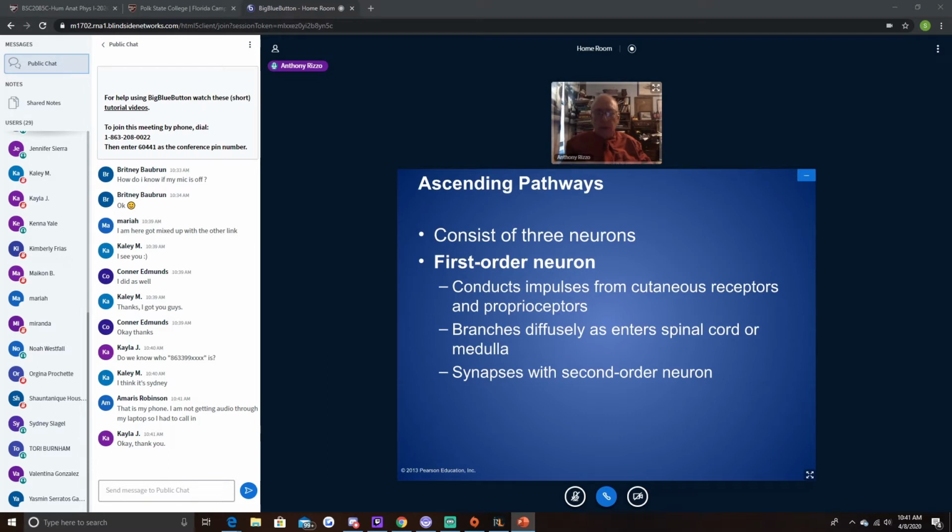Yes, there are microscopically short neuron processes. They are all gray matter. But these white matter tracts, they are long. So we end up with only 3 neurons, 3 cells that provide all of your ascending pathways.